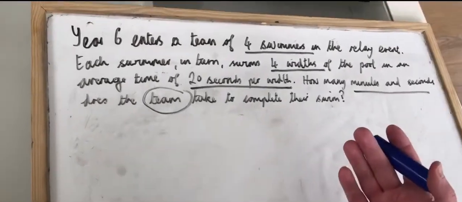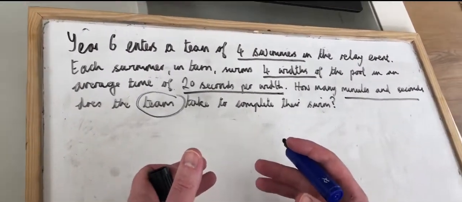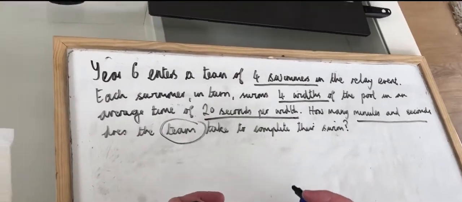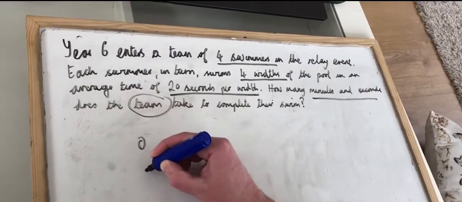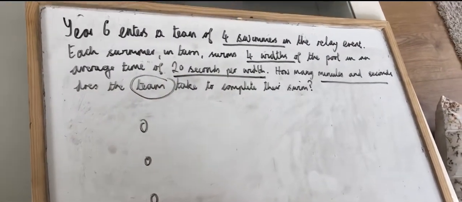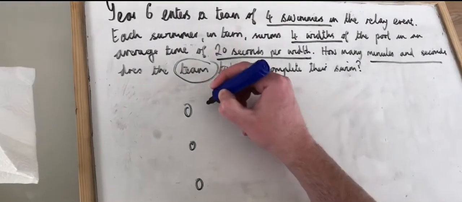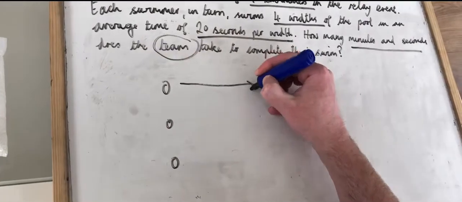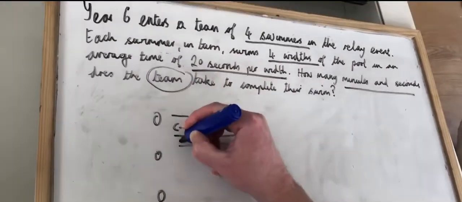So when I do a word problem, what I like to do is a little bit of sketching, okay? A little bit of drawing to help me visualize what's going to happen. So I've got 4 swimmers. And what does each swimmer do? Swim 4 widths of the pool. Okay, so there's 1, 2, 3, 4.